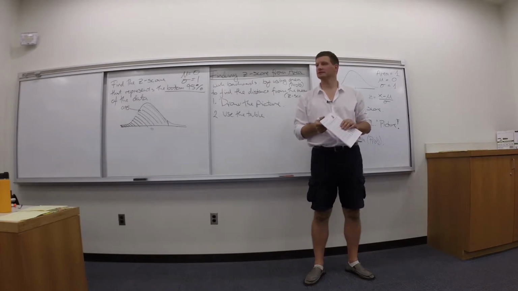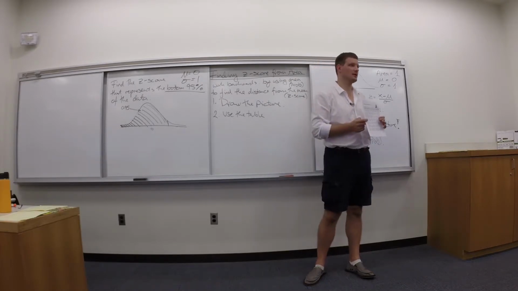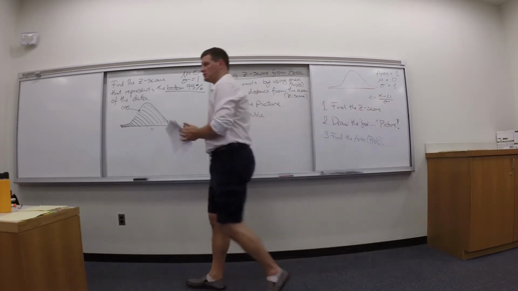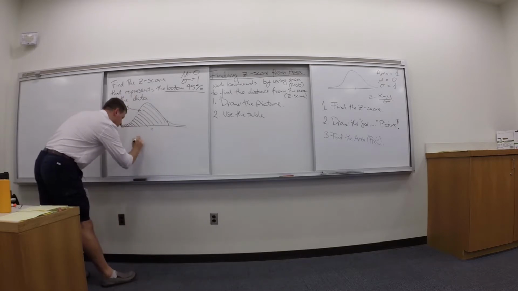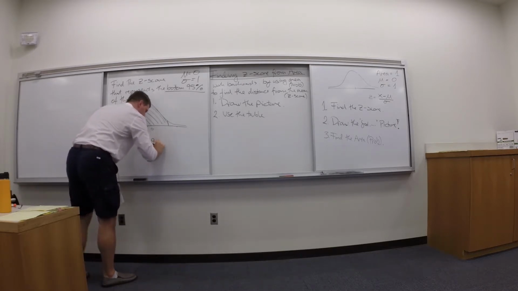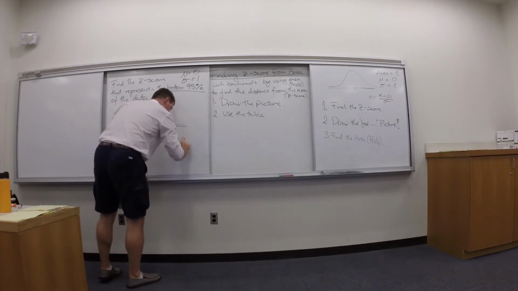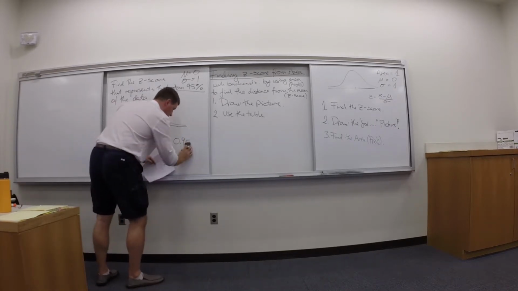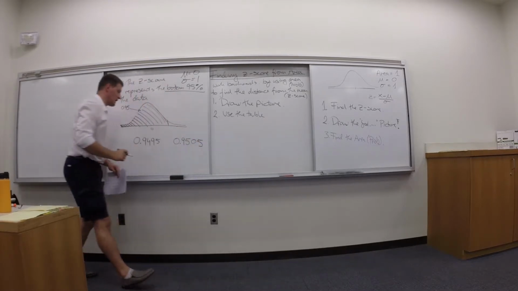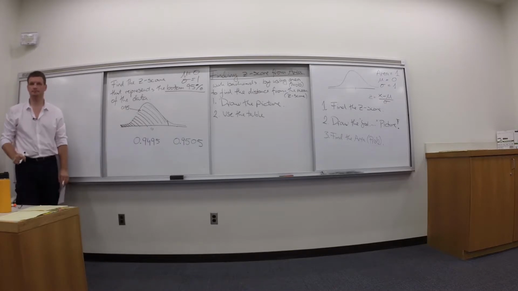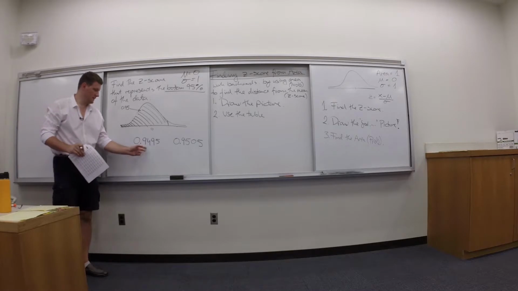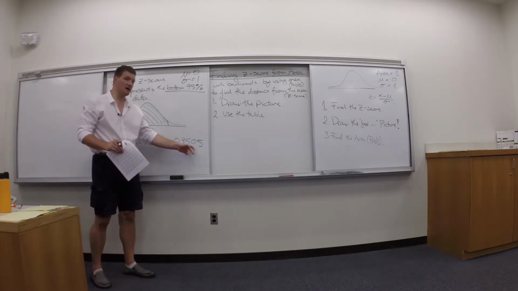I'm going to tell you right now, it doesn't exist on this table. But we have two numbers that are very, very close. I'm assuming most of you found those two numbers: 0.9495 and 0.9505.